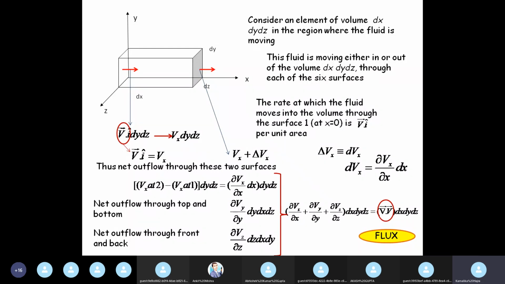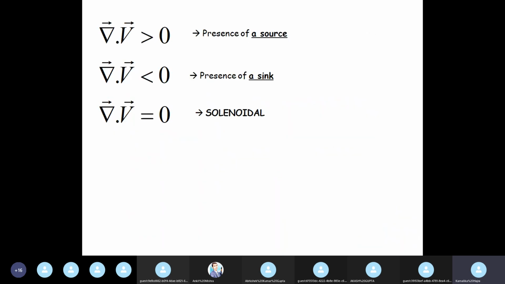Whenever you are talking about the flow of a liquid or particles or lines of force or even people, animals, whatever, you take the divergence of the vector representing their motion in order to get the flux related to this flow. Now, divergence of a vector can be greater than 0, can be less than 0, or it can be equal to 0.